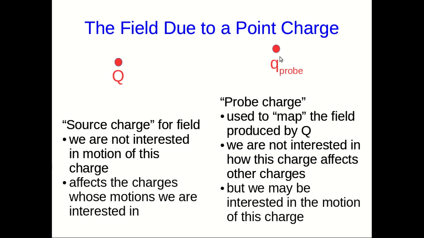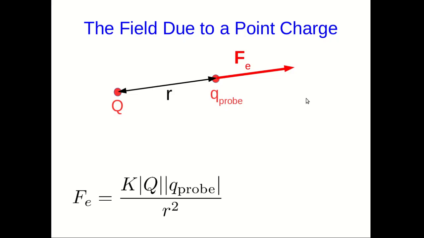So one way of thinking about this is that the charges which you want to think of as agents of forces are your source charges, and the charges that you want to think of as targets of forces are your probe charges. So now let's actually write down the E field due to this point charge capital Q. We know that the force that this charge exerts on our probe charge is going to be given by Coulomb's law, like so.